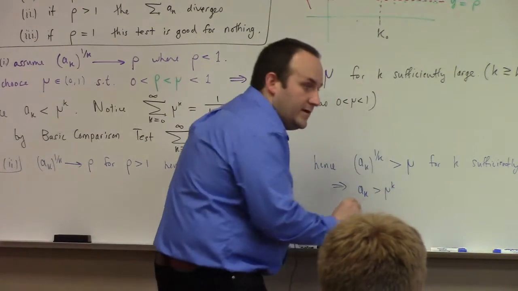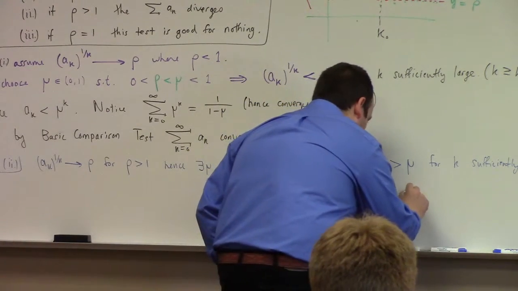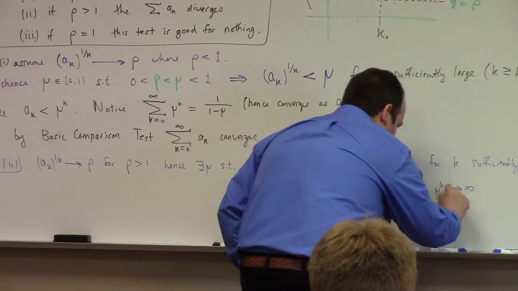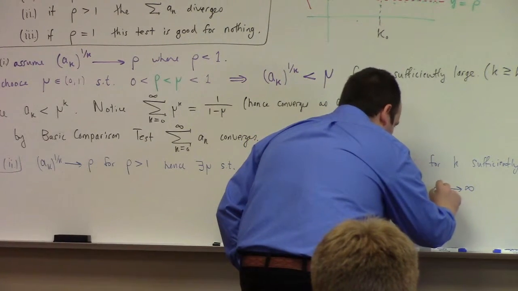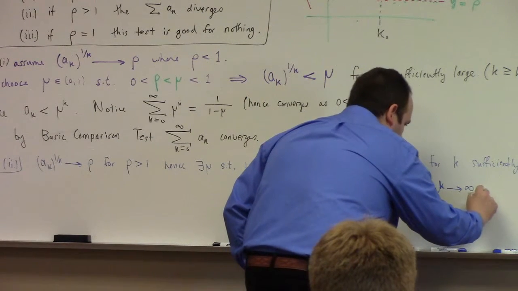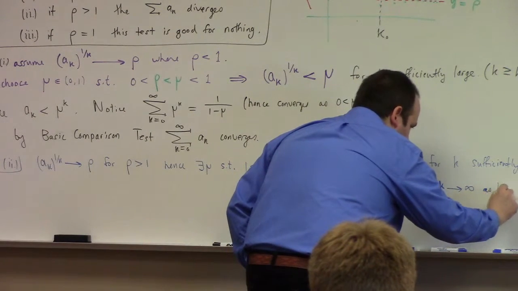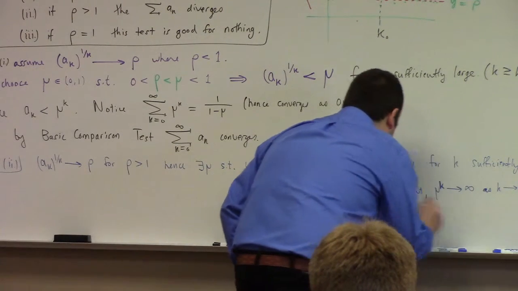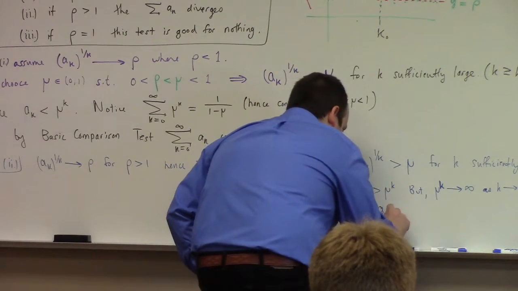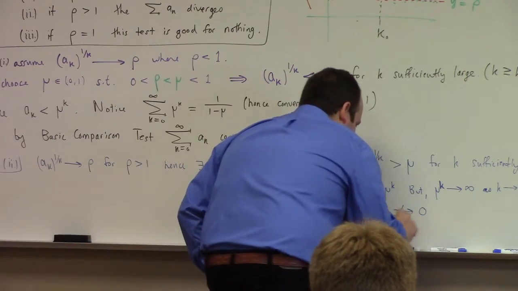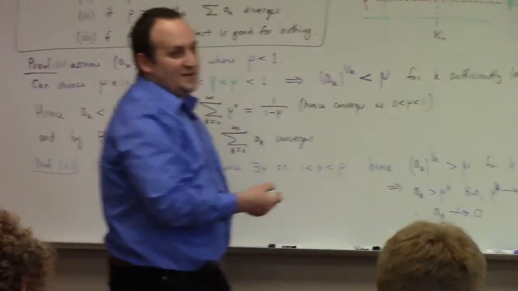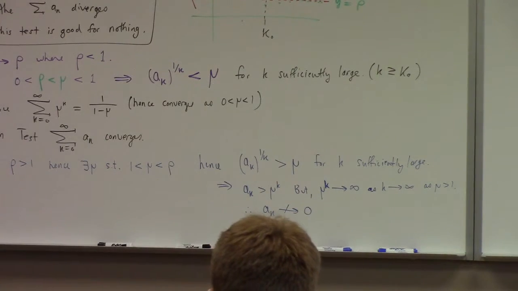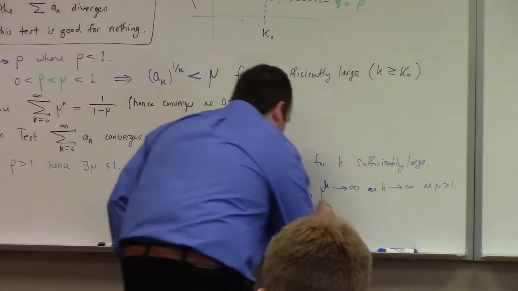But mu to the k goes to infinity as k goes to infinity, as mu is greater than 1. Therefore, a sub k does not go to 0, since it's larger than something that's diverging. So the kth term in the series does not go to 0. Therefore, the series diverges by the kth term test.